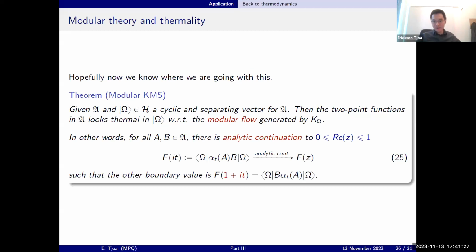Okay, I hope this is kind of surprising. And the reason is because you can actually check that the 2-point functions satisfy the KMS condition.